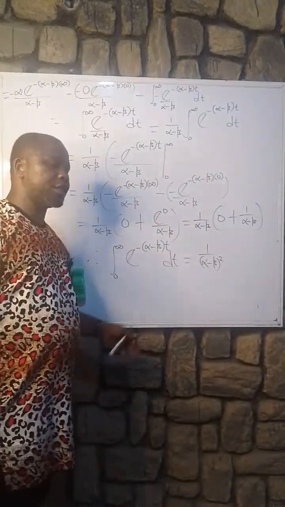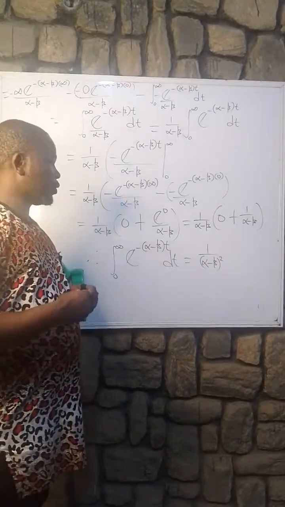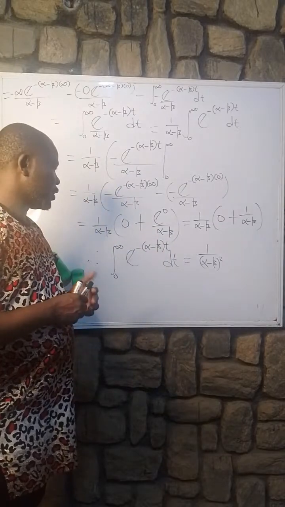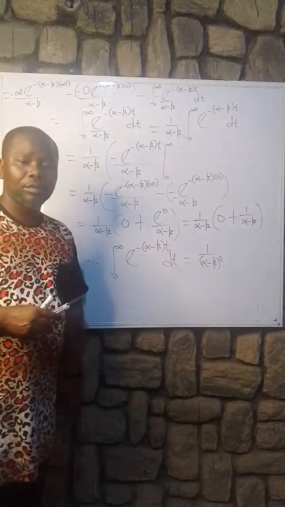So this is how to go about this type of problem. Should you have any challenge on this, this is how you are going to approach this type of problem.